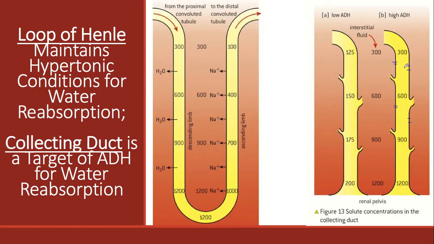Those are little aquaporins for water, and as the water comes out, it makes the urine more concentrated, but you're saving water. If it's low ADH, there are no channels, so the water has to stay in and go out. Whereas in this case, it does not have to do that. Okay.